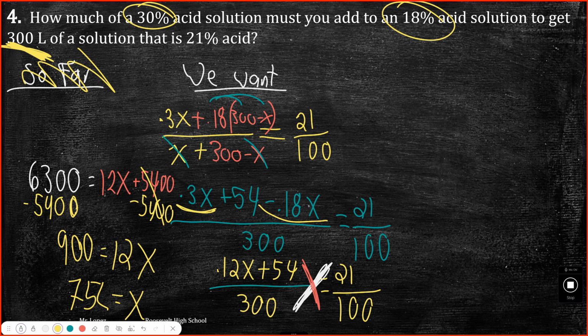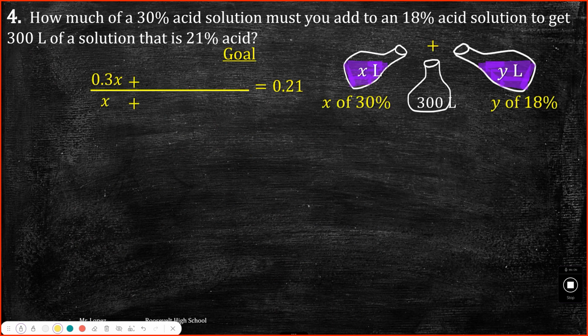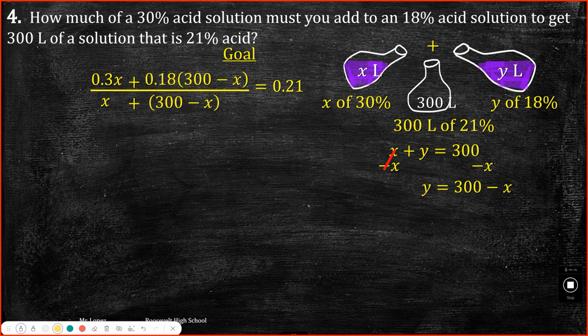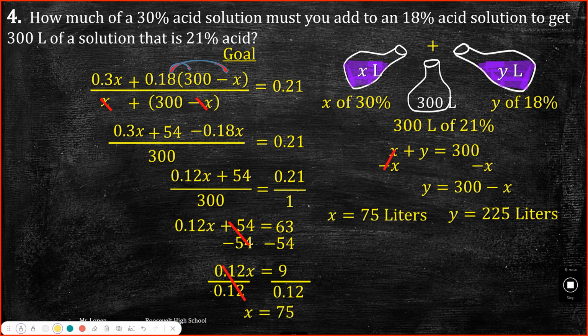If we already used 75 for this one, what's the leftover? 225. So 75 liters of this 30%, and then 225 of the 18%.